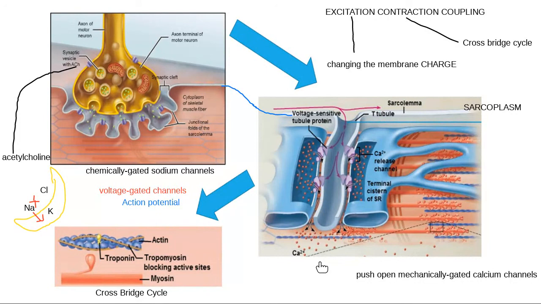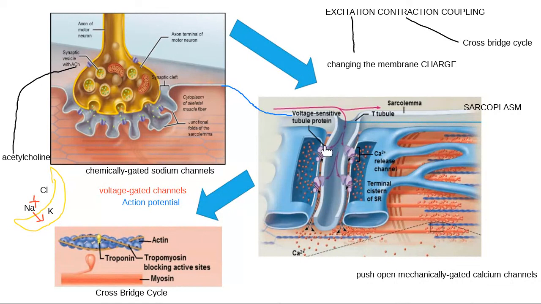So the question says, the message to release calcium goes into the T tubule. Yes, that's correct. So my message to release the calcium starts over here with my membrane charge starting to change. And it travels all across the membrane down into the T tubule.